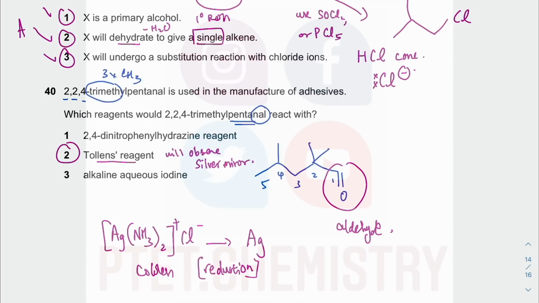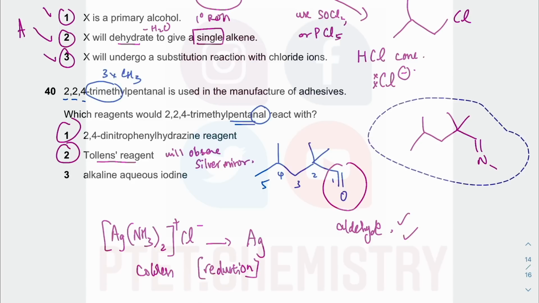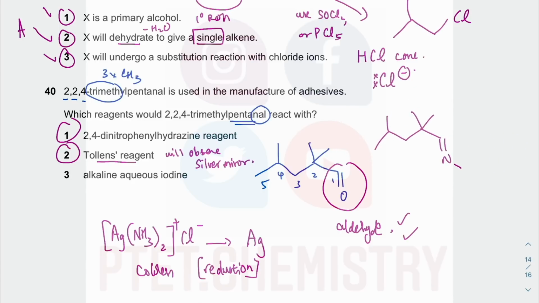2,4-DNPH can react with the aldehyde. Okay, again, so you will get an orange precipitate, and it's a condensation reaction. A lot of students don't know this reaction, but essentially this is what you form. This is the condensation reaction. So you form that.